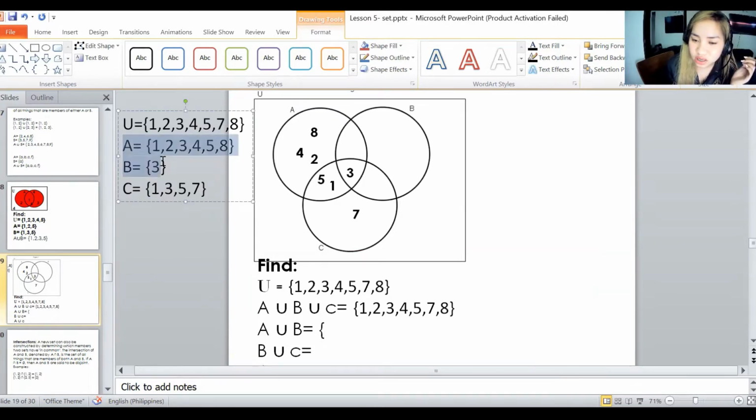I-combine lang po natin yung numbers or elements ni set A tsaka B. As you can see, si set B is isa lang yung elements niya, and yung 3 na yon is meron pa sa loob ni set A. So, ang magiging answer natin, lahat po ng elements ni A at lahat ng elements ni B. Since meron tayong dalawa dito, isa lang siyang isusulat sa final answer.